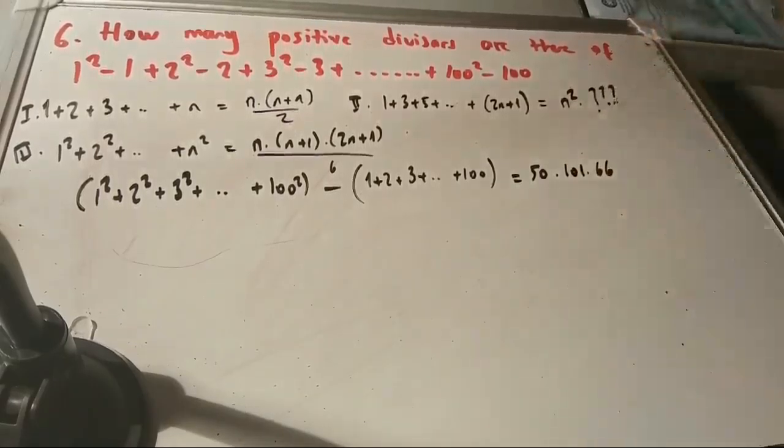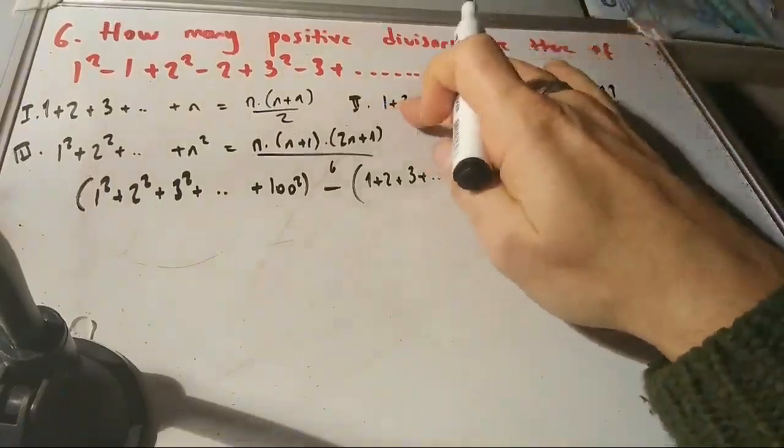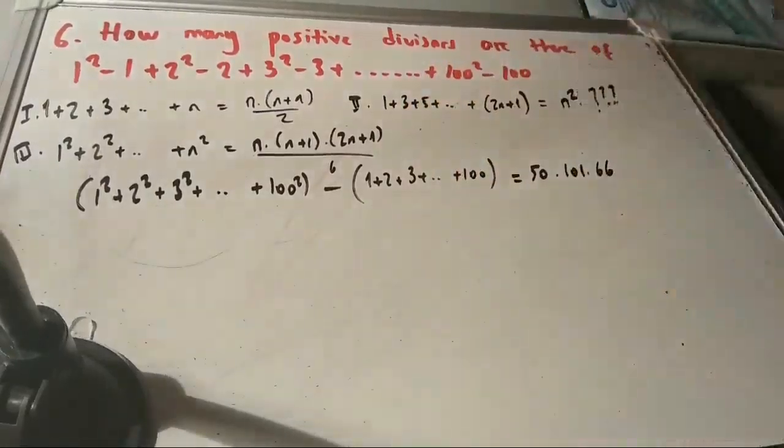Maybe I have a mistake here, I'm not sure. Because when we take the sum of the first 3 odd numbers, 1 plus 3 plus 5 is 9, but it will give us n squared. I will check the second one again, okay? And we will get here 50 times 101 times 66.